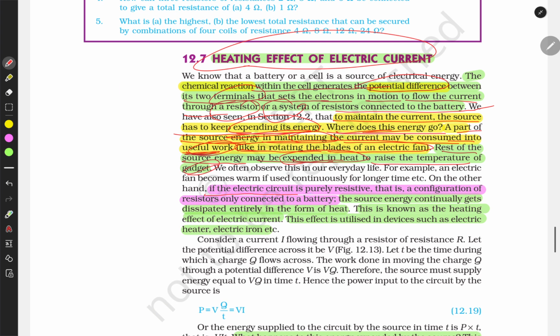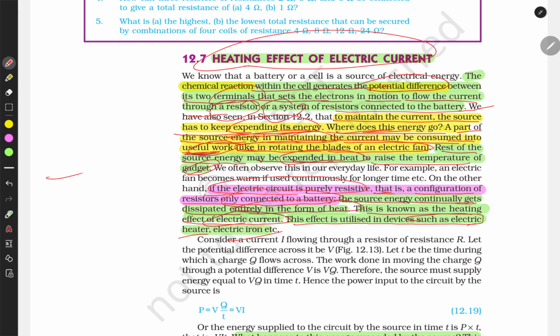If the electric circuit is purely resistive, that is, a configuration of resistors only connected to a battery, the source energy continuously gets dissipated entirely in the form of heat. This is known as the heating effect of electric current, and this effect is utilized in devices such as the electric heater and electric iron.